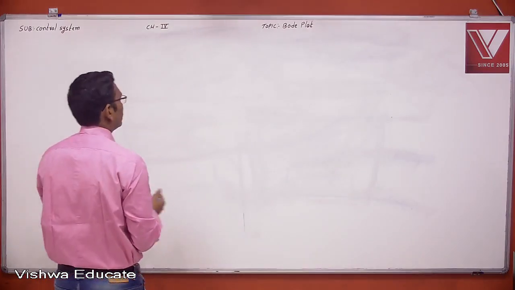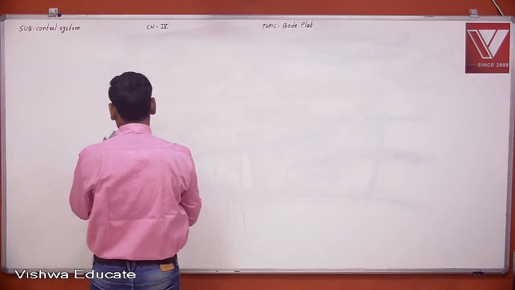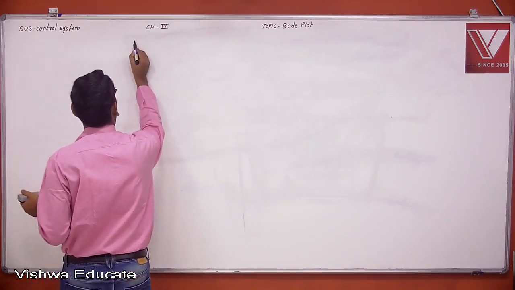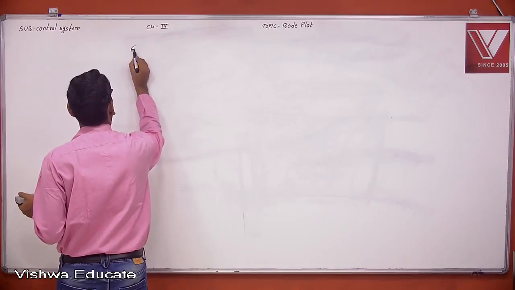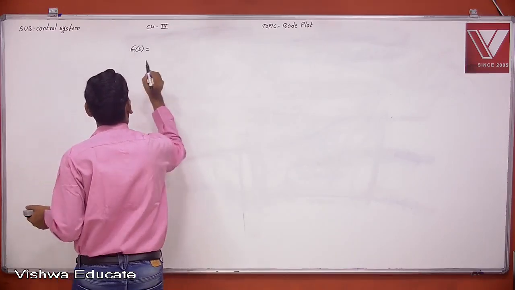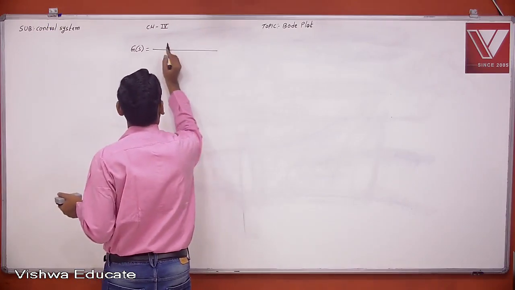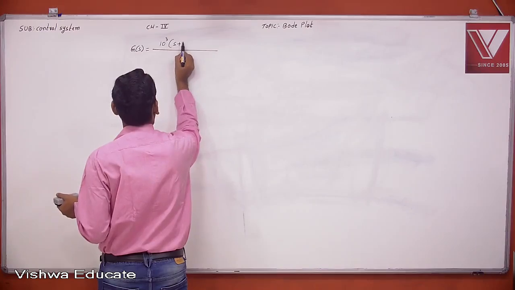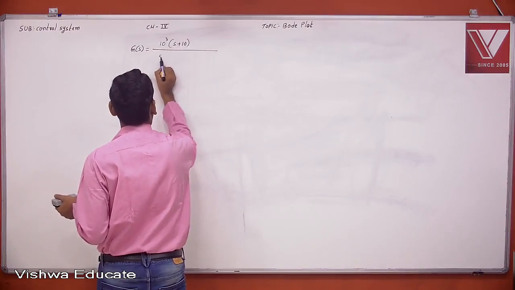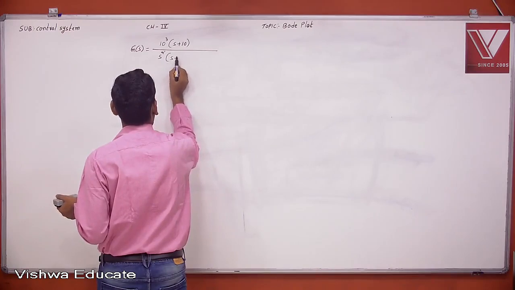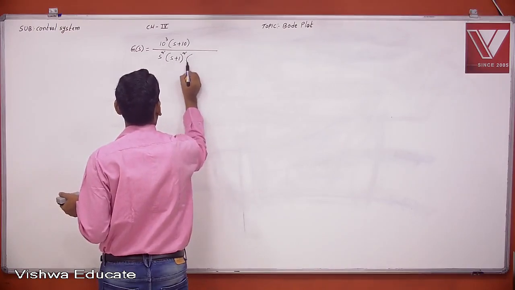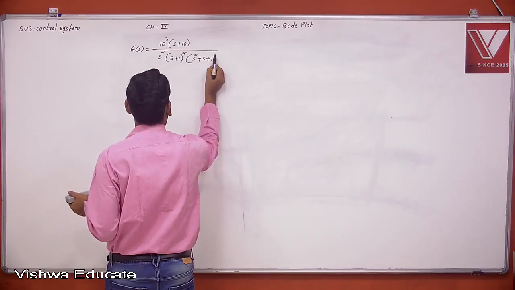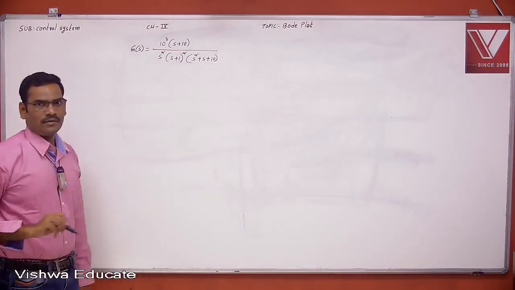Draw the Bode plot by considering the transfer function G of s equal to 10 cube into s plus 10, divided by s square into s plus 1 whole square into s square plus s plus 10. This is the transfer function, students.